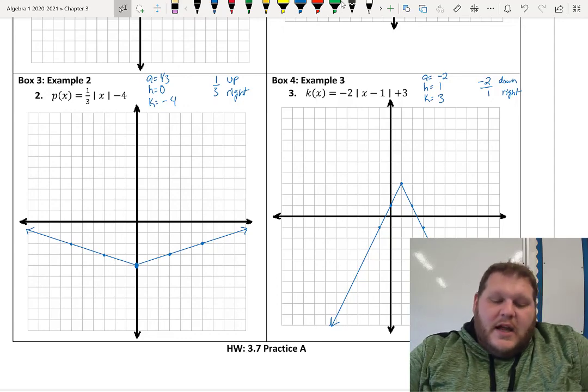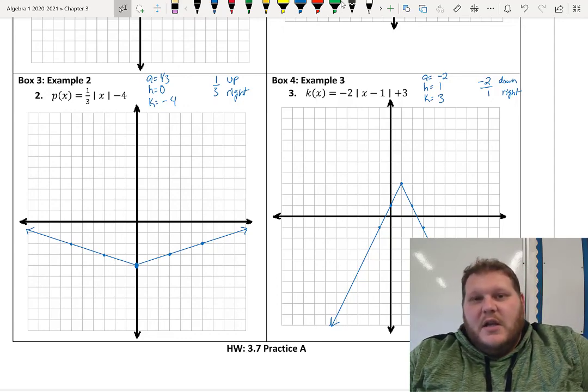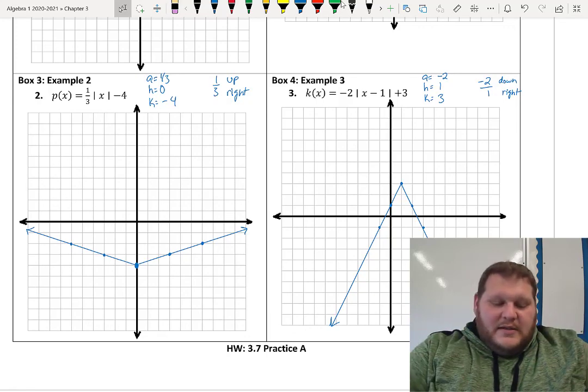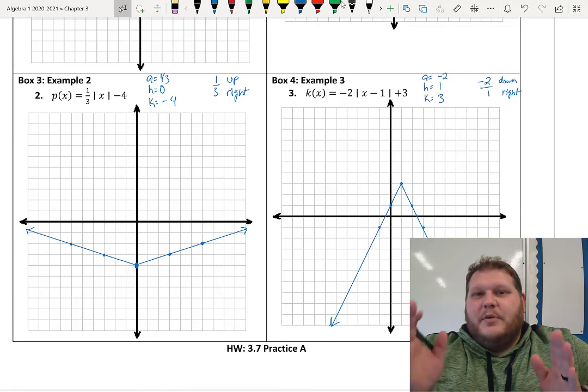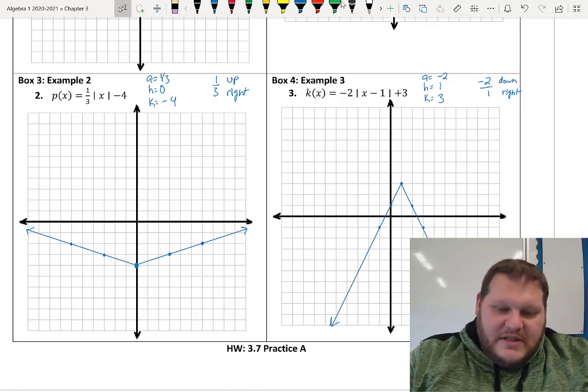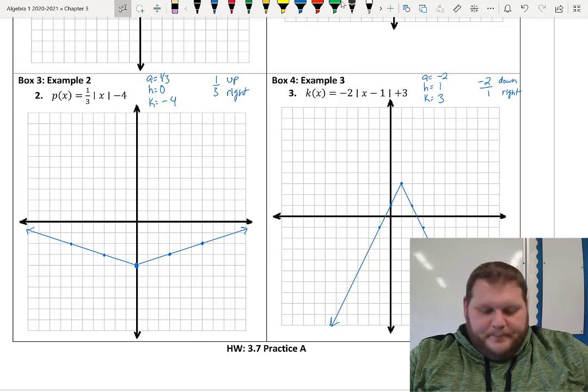Which makes sense. A small slope is a flatter line, which means a flatter V. A bigger slope is a steeper line, which would make a steeper V.